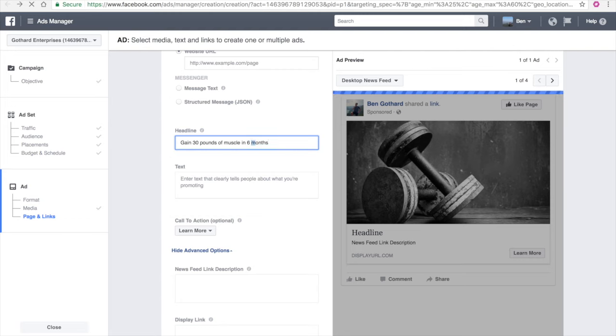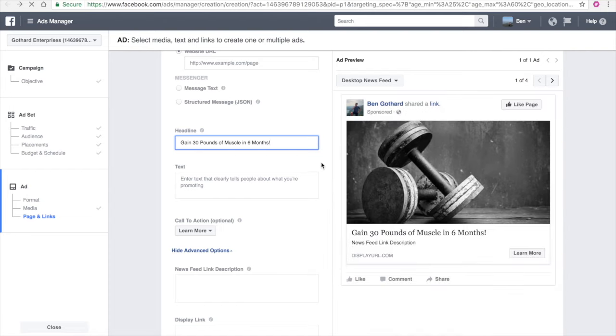Okay, we're going to make this look a little nicer. And again, we need to play around with different headlines, but we want it to be a nice eye catcher. It needs to hook people.